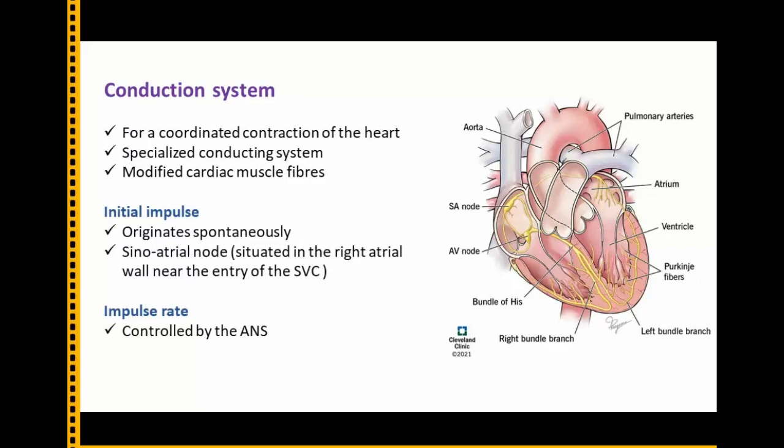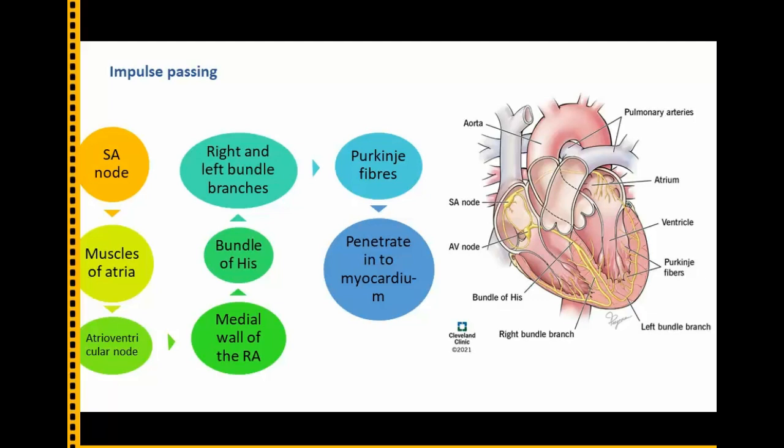So, this is how impulses pass through your cardiac muscle. When impulses are generated in the sinoatrial node, they pass through the muscles of the atria. Then they go to the atrioventricular node here. Then they pass to the medial wall of the right atrium and then to the bundle of His.